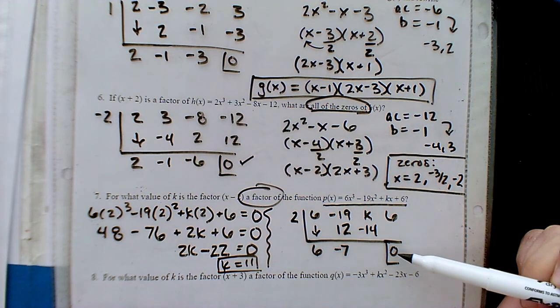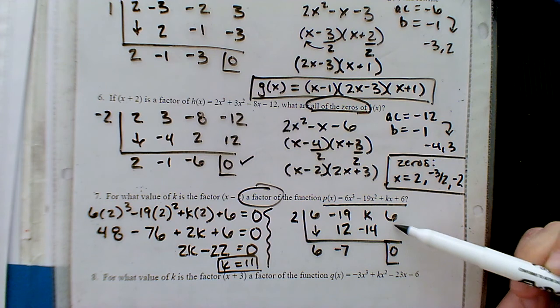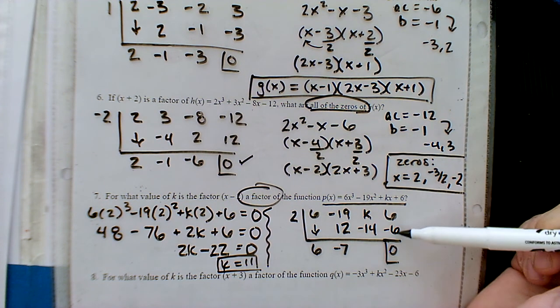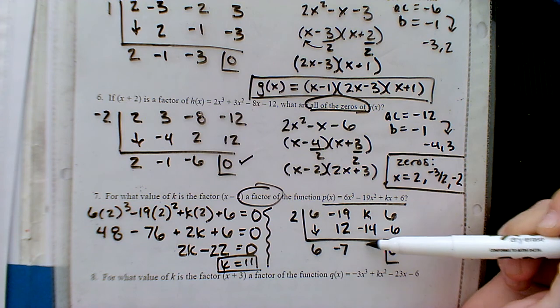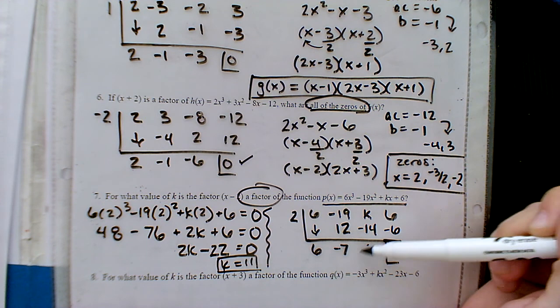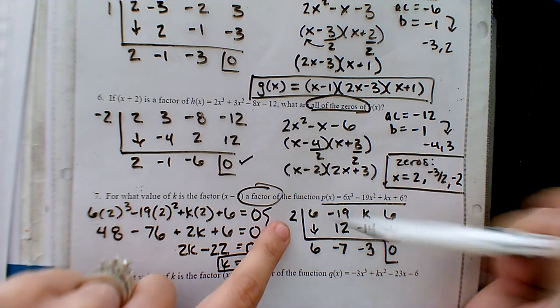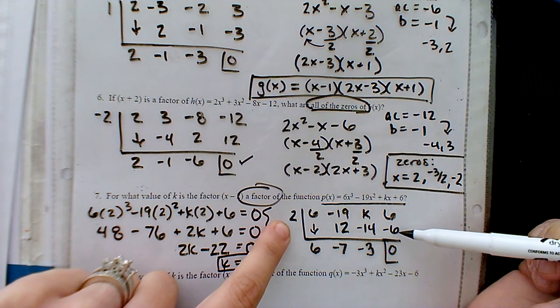For instance, if we want a remainder of 0, what must this number be? Negative 6, right? And if this number is negative 6, what does this one have to be? Negative 3. Why? 2 times negative 3 is negative 6, okay?